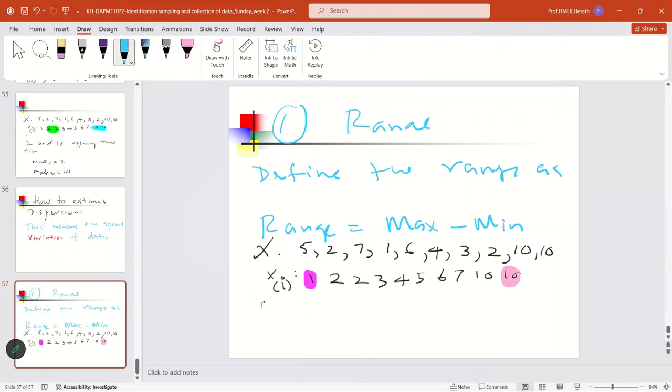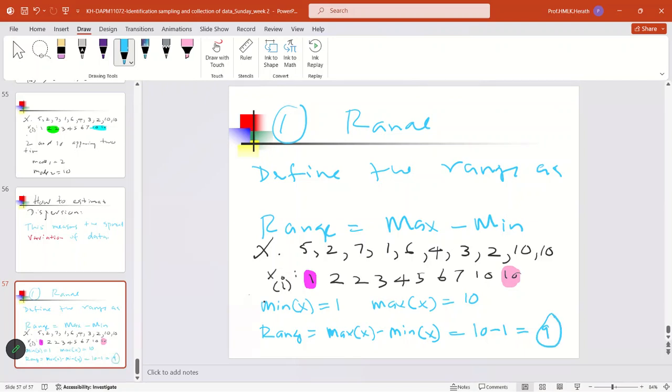Then the minimum of x is 1 and the maximum of x is 10. Then we define range equals maximum of x minus minimum of x. This equals 10 minus 1 equals 9.